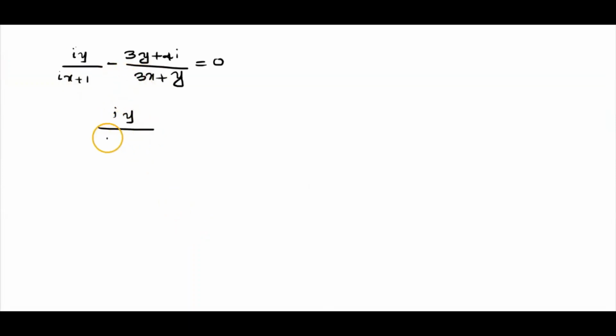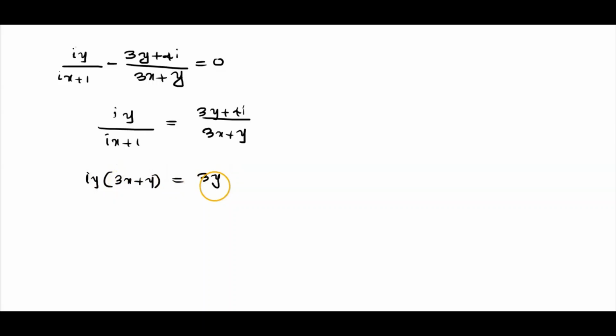This is the equation, we can write as iy by ix plus 1 is equal to 3y plus 4i divided by 3x plus y. Now let's cross multiply. This is iy into 3x plus y equal to 3y plus 4i into ix plus 1.